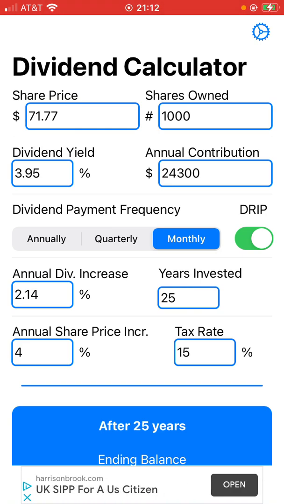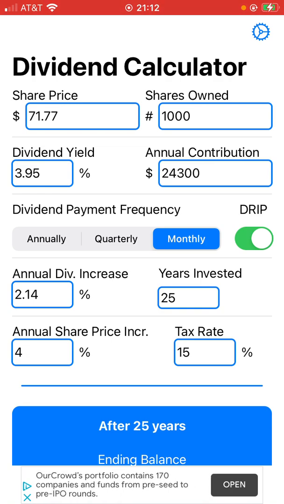And say the current dividend yield is 3.95. In the future, we could talk about dividend yields, what yield is, and how it's calculated.